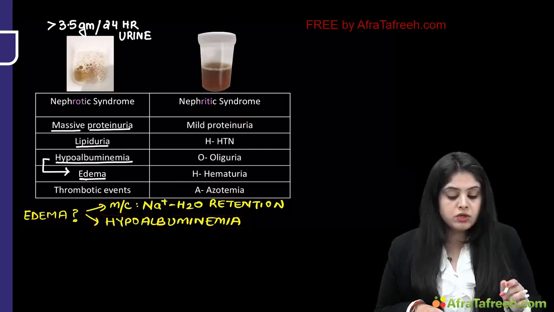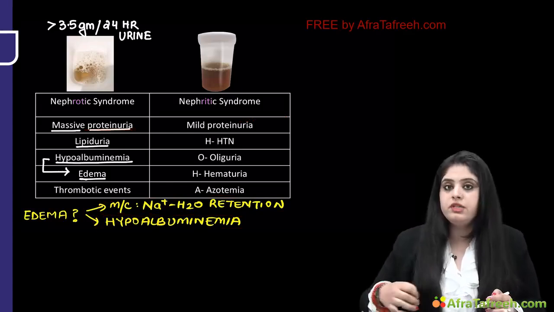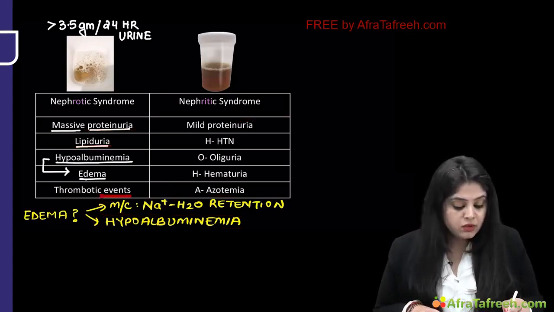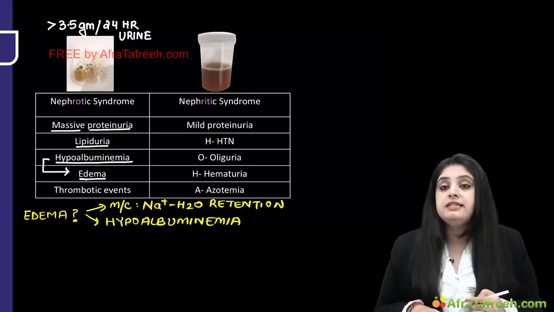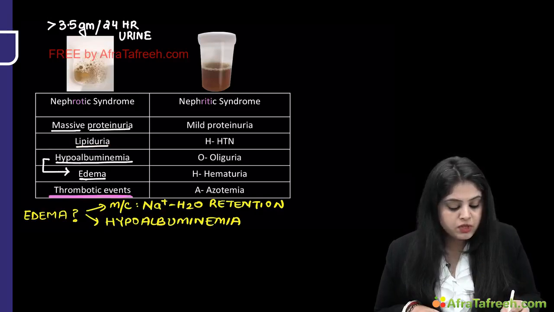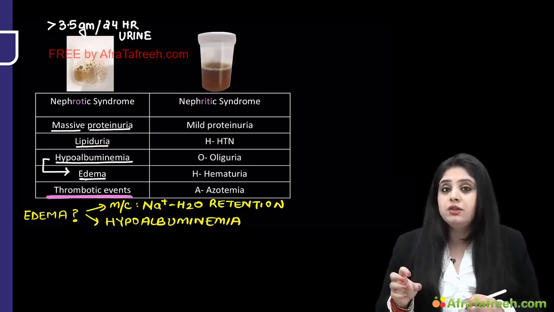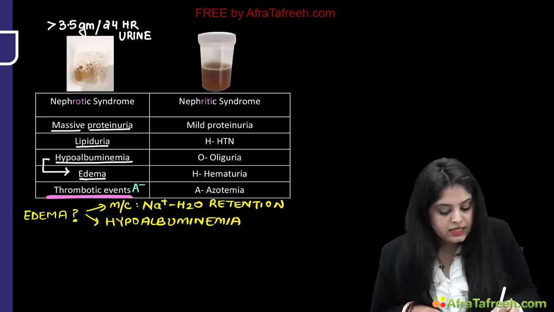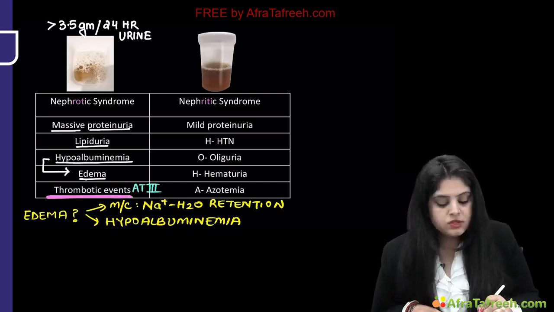You know another thing. So what all is going out into the urine? Protein is going out into the urine. Lipid is going out into the urine. Also, another thing going out into the urine is antithrombin 3. So have you wondered why are these patients having thrombotic events? Why are they having blood clots? Because antithrombin 3, AT3, is going to go out into the urine.